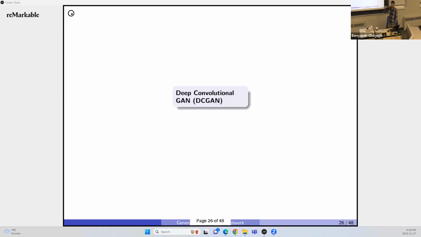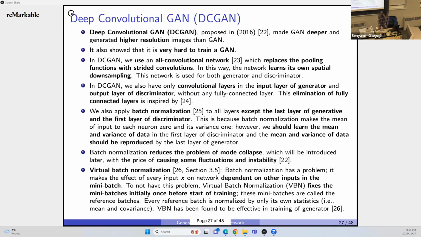By the way, we have a lot of variants of GAN. I'm overviewing the most important ones. Deep convolutional GAN, or DC GAN, was proposed in 2016. It made GAN deeper. They said, let's make it deeper and generate higher resolution images than GAN.